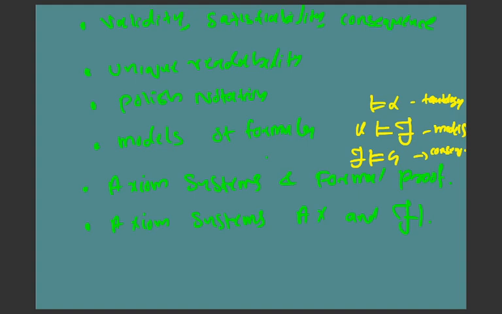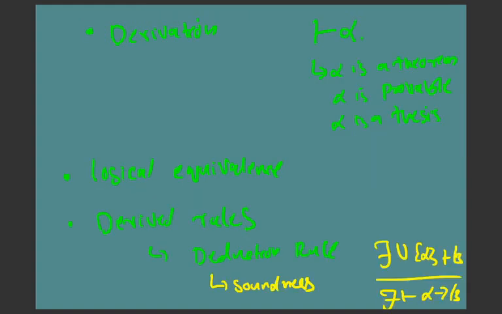We also looked at axiom systems, formal proof and derivability. For axiom systems AX and H, we have looked at the Hilbert systems. So these are all parts of Hilbert systems, but different models. And then we looked at derivation of a formula.